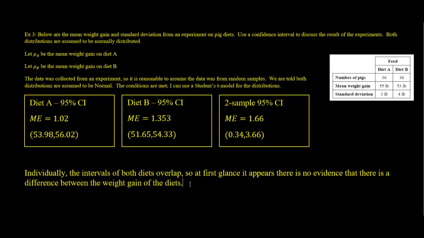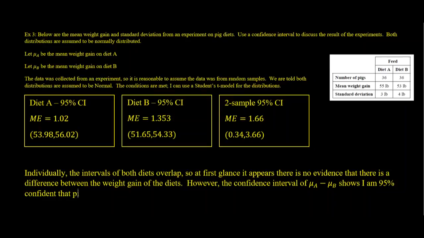However, the confidence interval of mu A minus mu B shows that I am 95% confident that pigs eating diet A gain between 0.34 and 3.66 pounds more.